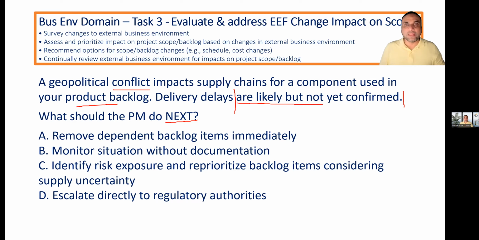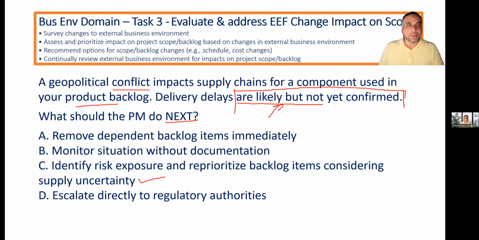Even after reading that, if you are saying issue, then you need to go and revisit your risk learning. Options: remove dependent backlog items immediately; monitor the situation without documentation; identify exposure and reprioritize backlog items; escalate directly to regulatory authorities. Because the question is about risk, we will answer with the option that addresses the risk. Very good.